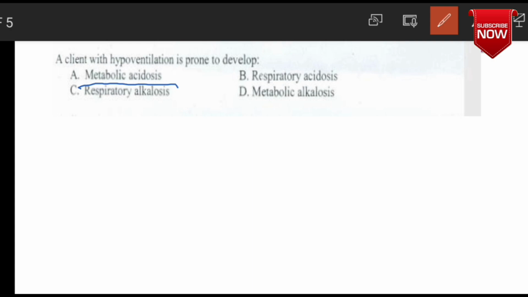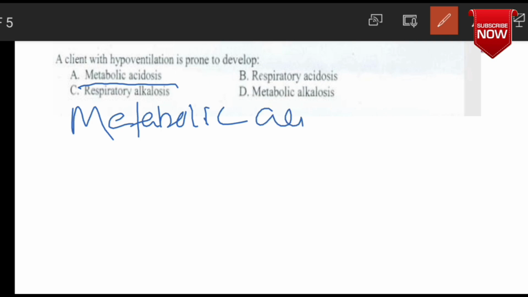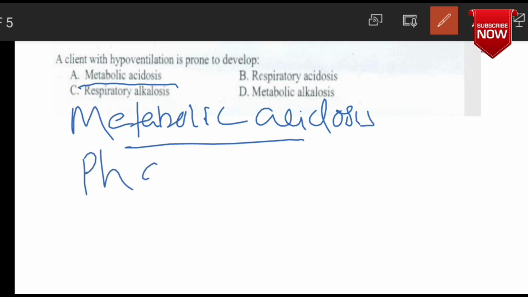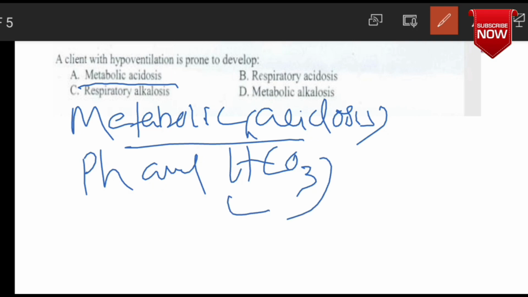Metabolic acidosis. In metabolic acidosis, we focus on the pH and bicarbonate. In metabolic acidosis, there is retention of too much acid, so it leads to acidosis and wastage of bicarbonate and increased hydrogen ions.